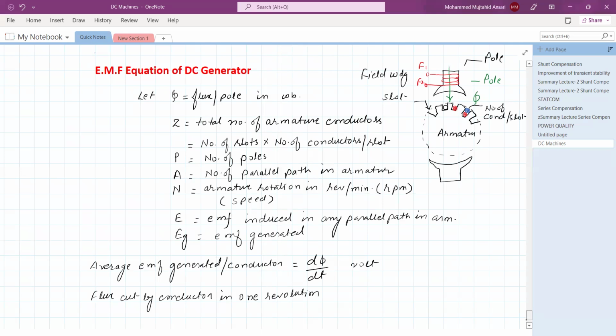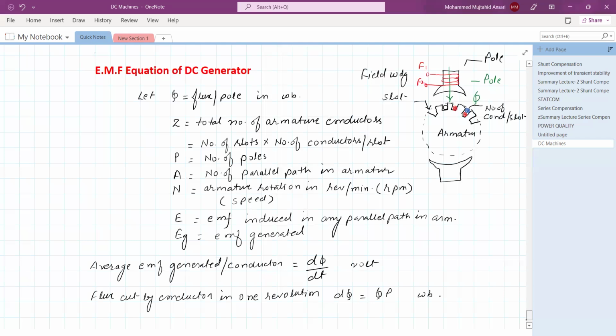How much flux is going to be cut? d phi. Why d phi? Because it is the flux produced by one pole multiplied by the number of poles P. So total is phi times P, in Weber. It is the flux.